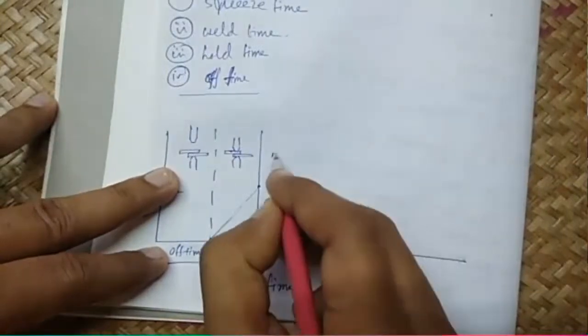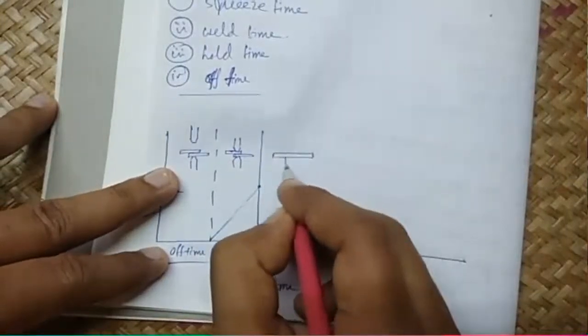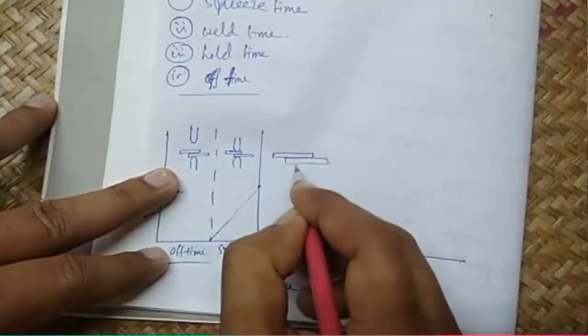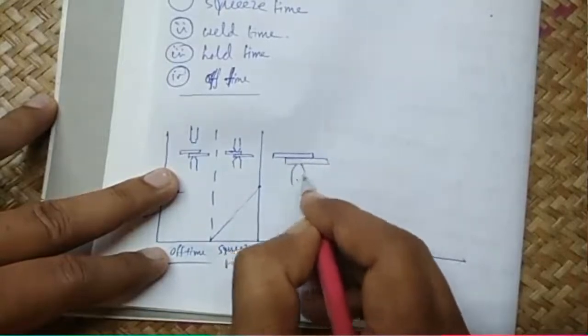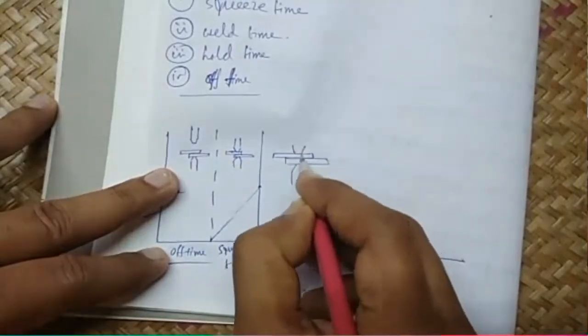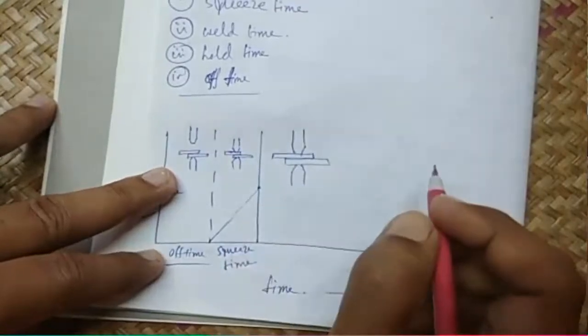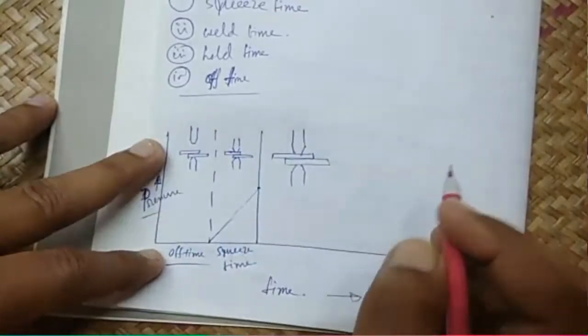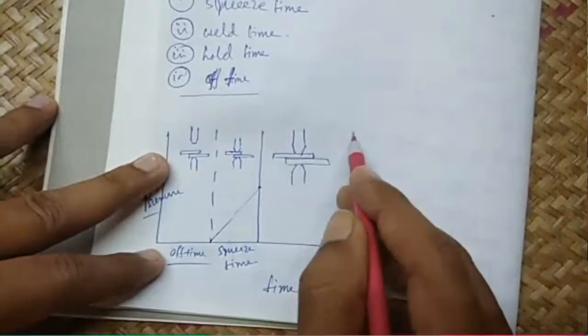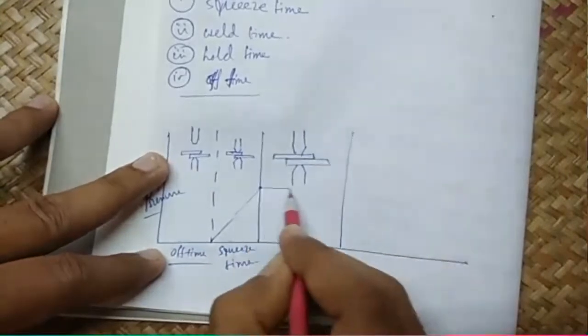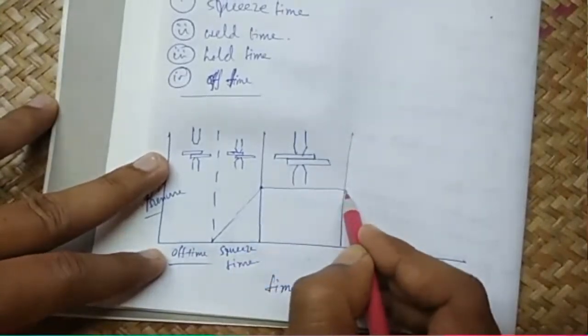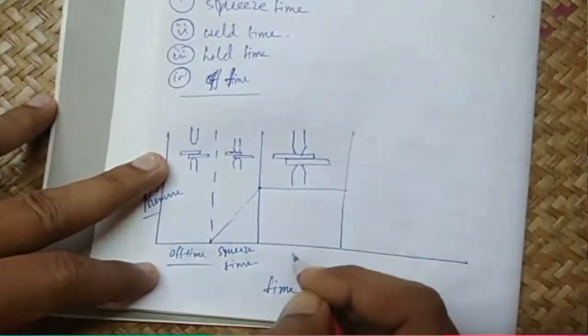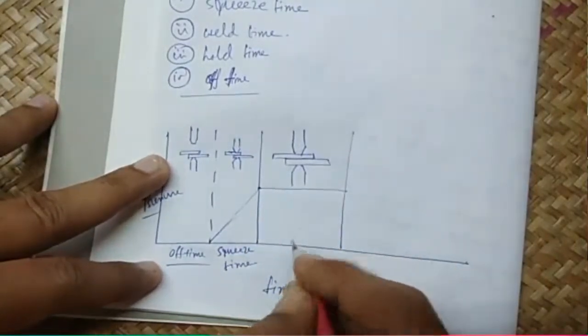Now in this region the pressure is kept constant and the current passes. The current passes and the pressure is kept constant. So this is called weld time.